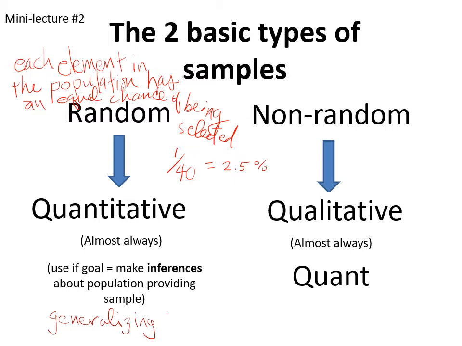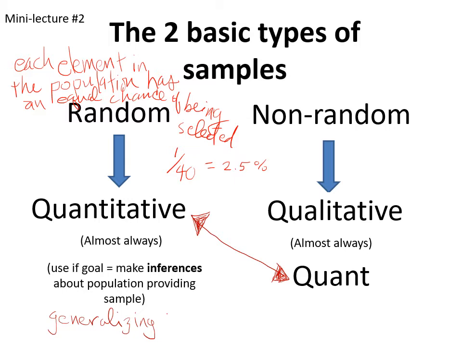So some quantitative research will also rely on non-random samples, which is fine as long as you recognize that what you're talking about is really just specific to your population and that you don't have a good mathematical basis for generalizing to a larger population from it.